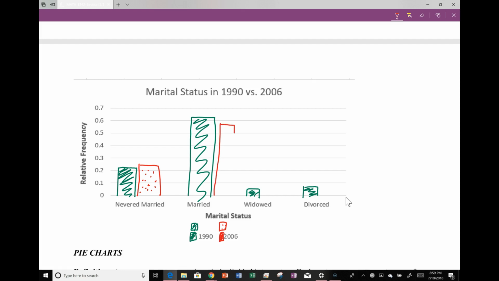So I'm up here, not quite at 0.6. And I'm going to do dots. Widowed was 0.063. So I'm actually a little bit under this one. And for divorced, I was at 0.104.